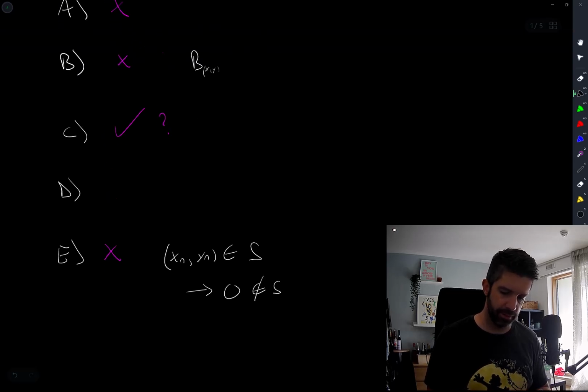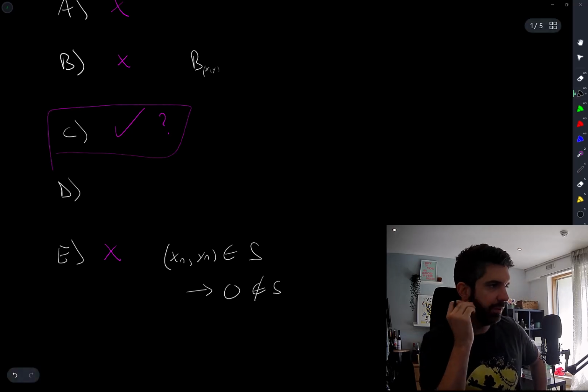But wouldn't that imply that R2 is disconnected? Well, it wouldn't quite imply that. I'm extremely certain that the answer is C.